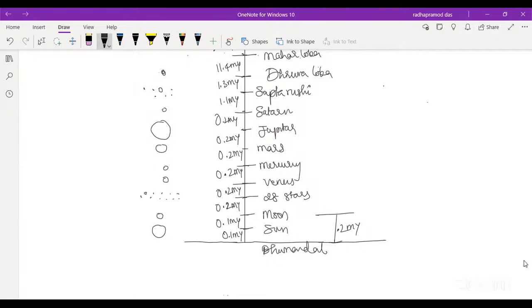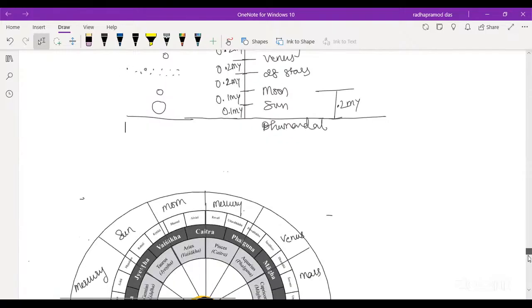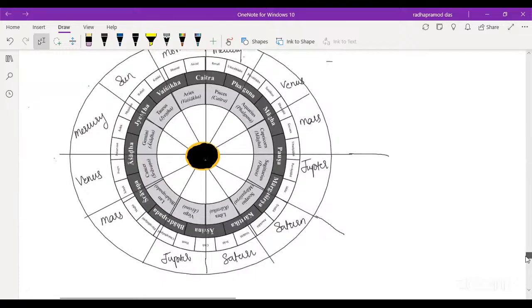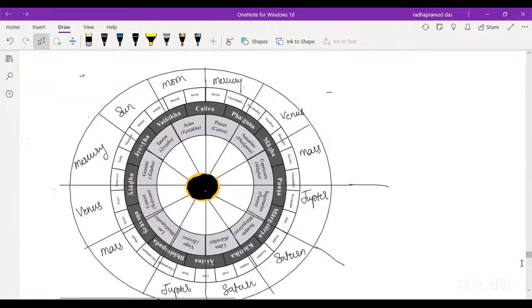Now this is all what we see in the sky. This is the top view. Now we will come to the proper position from this side view. This is the top view, so how do they look here? This is Dhruvaloka, everybody's.